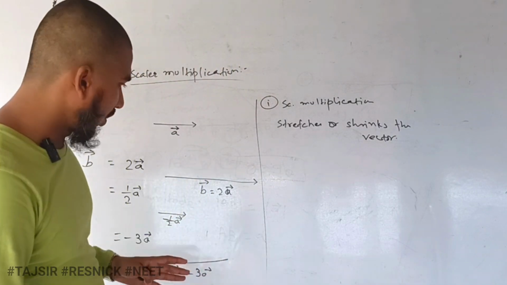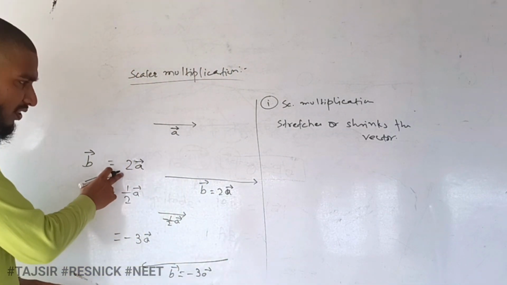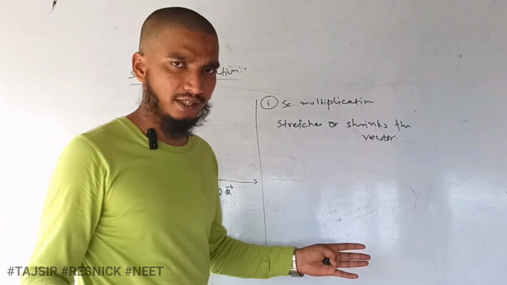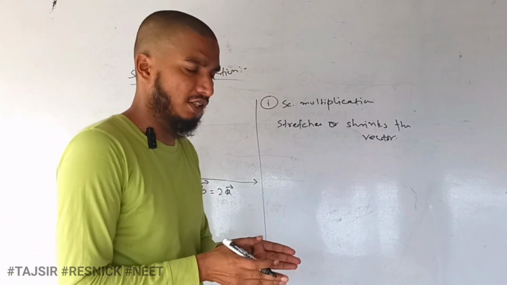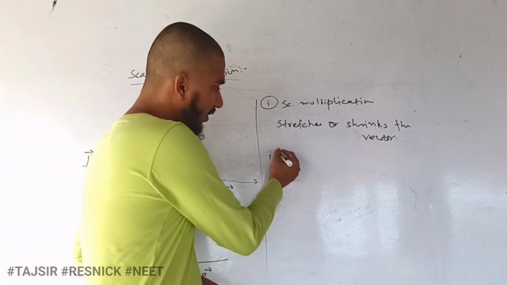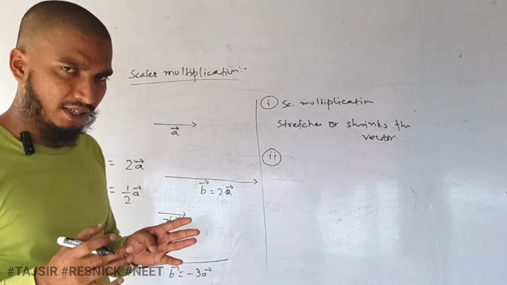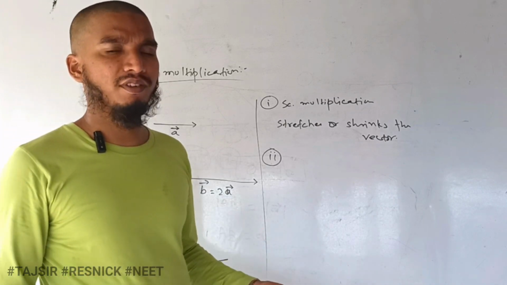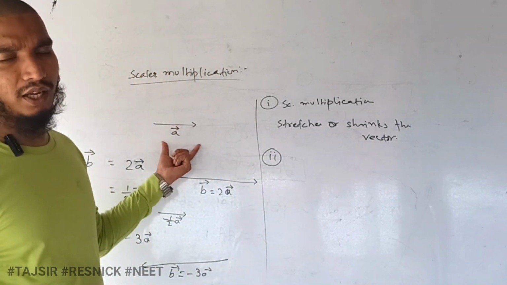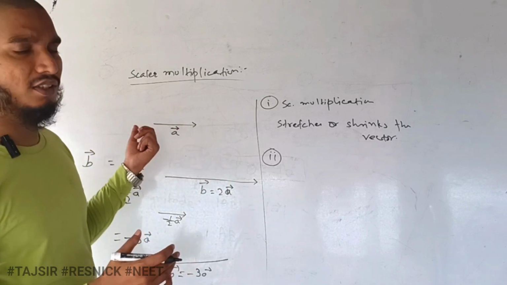If our factor or scalar is greater than 1, then it stretches, and if it is less than 1, then it shrinks. And the second thing, this stretch or shrink could be in two different directions, one in the original direction of vector A and the second in the opposite direction of vector A.